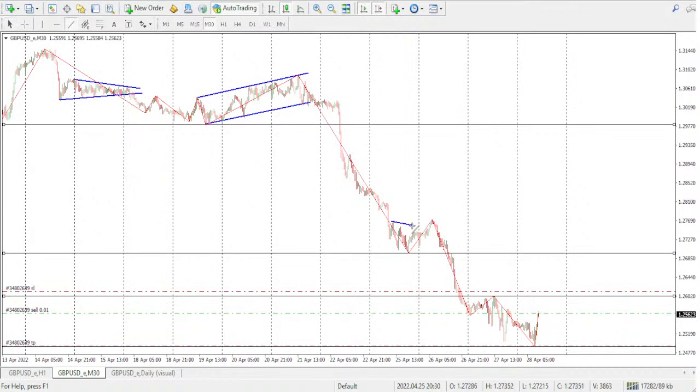We have this one. We have another one. We have another one here. Then we have another one. This doesn't look very good, but I still consider it as a shape because the price consolidated there like that.